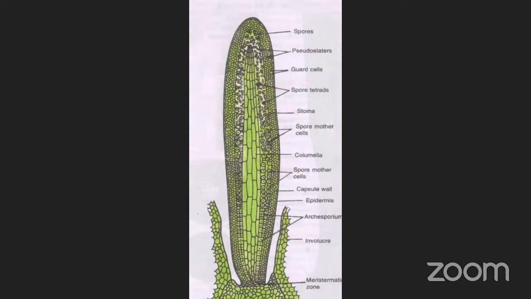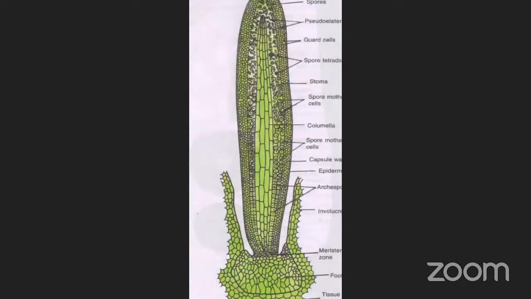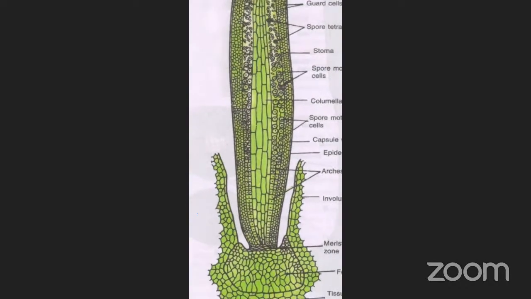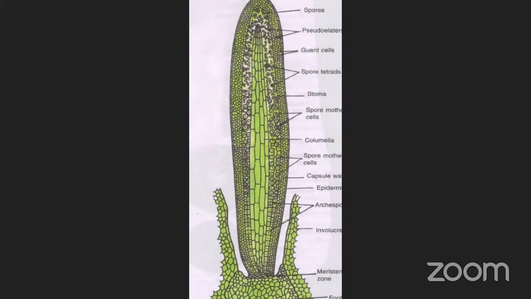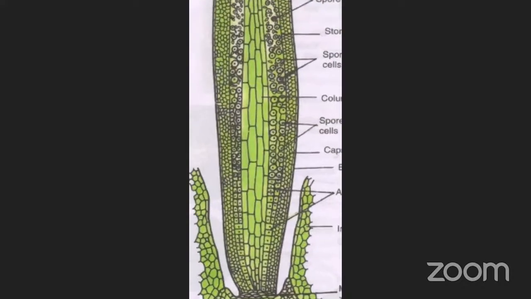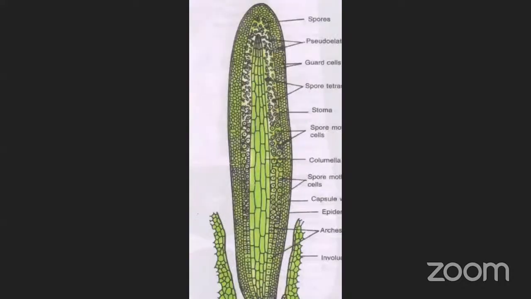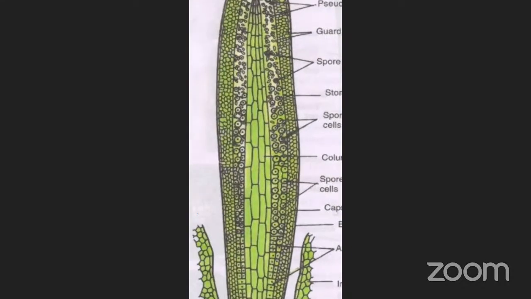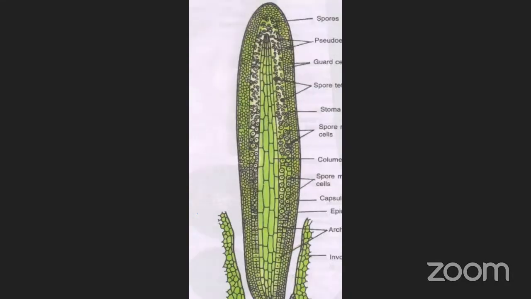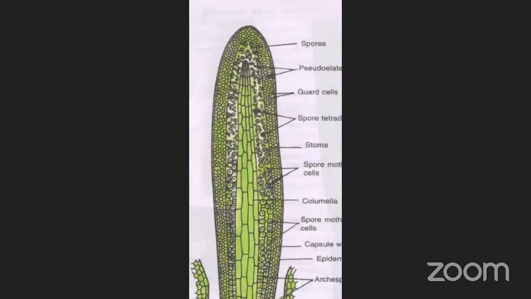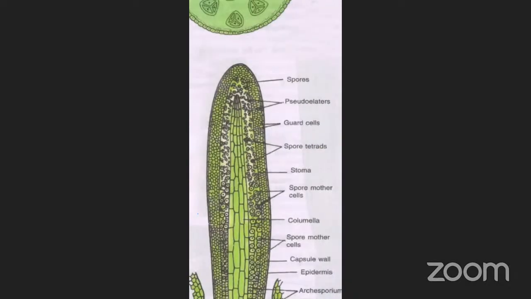So here the sterile tissue is more compared to the fertile tissue of the Anthoceras. Beside the columella, only the spore mother cells, the sporogenous tissue, are there.